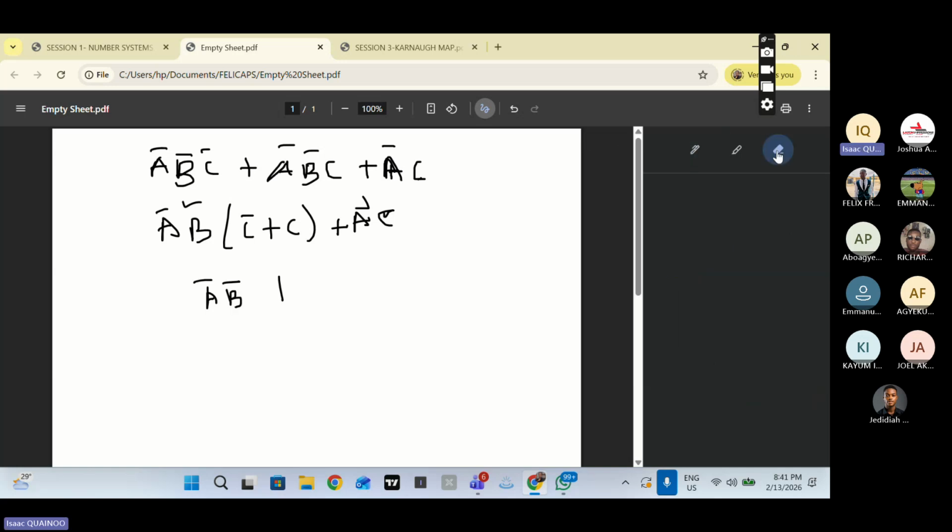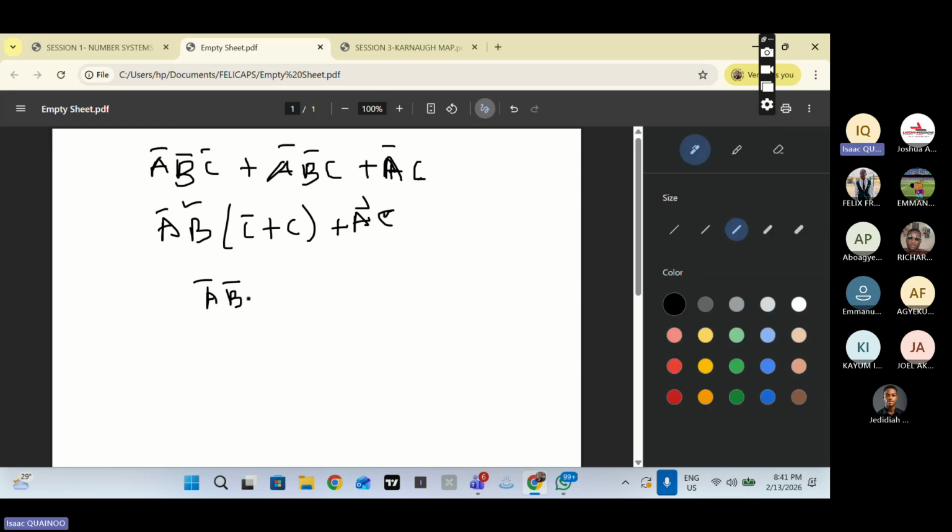So let's just do away with the 1, since we know A bar, B bar times 1 already gives us A bar, B bar. Okay, so we have plus A bar C. So if we are to factorize, we will have A bar brackets, B bar plus C as our final answer.